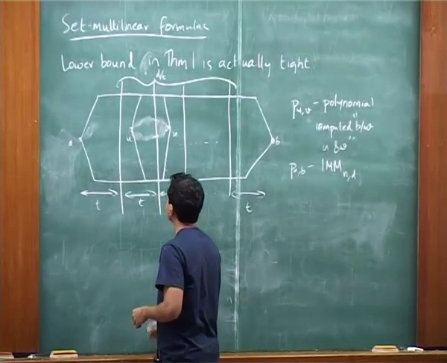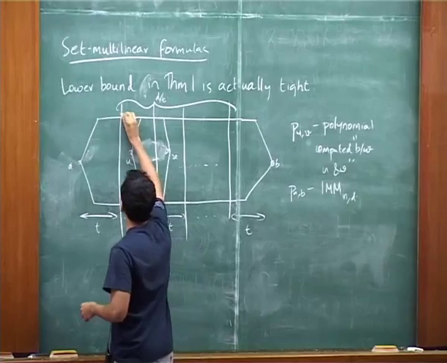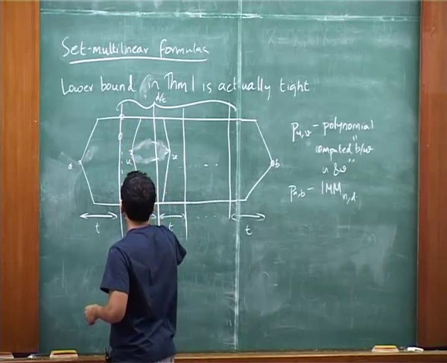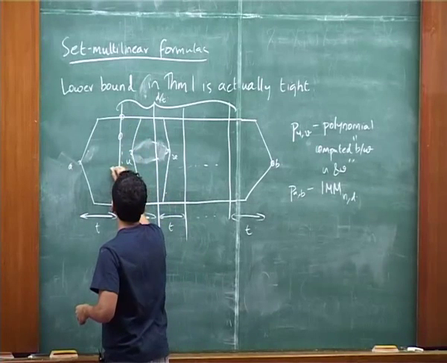Well, what one does is that we run over all possible choices of vertices in each of these layers. So let's say this is the I1th layer.